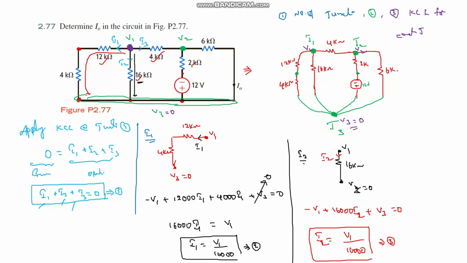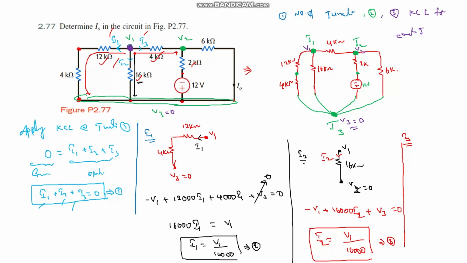Again, the expression for I3. At junction 1, there are three currents: I1, I2, and I3. The I3 starts from V1 and ends at junction 2.